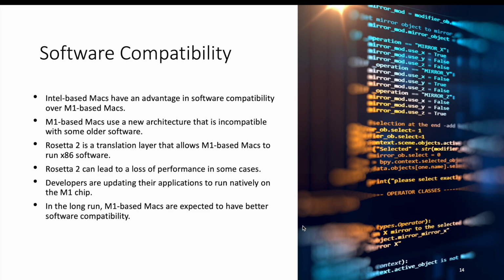But while Rosetta 2 works well for most applications, it can lead to a loss of performance in some cases. Furthermore, not all software developers have updated their applications to run natively on the M1 chip, leading to potential compatibility issues. On the other hand, Intel-based Macs can run macOS software without any compatibility issues.